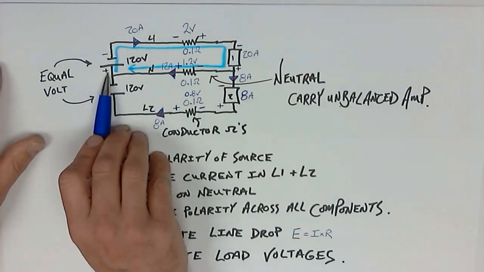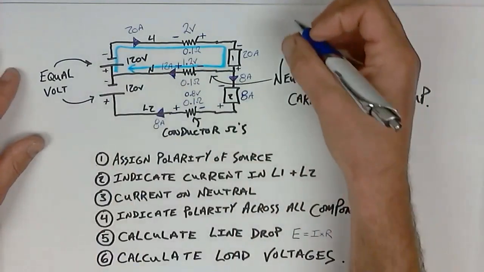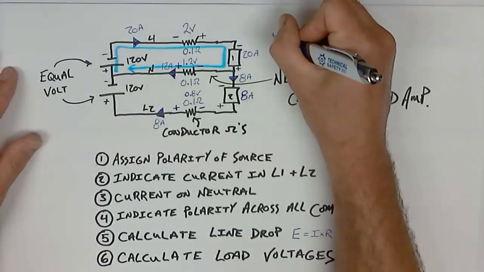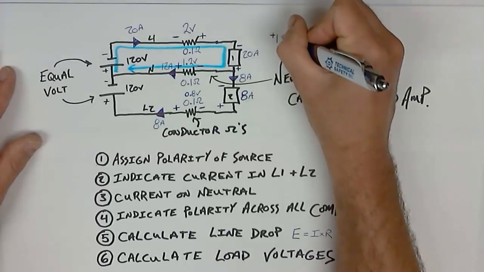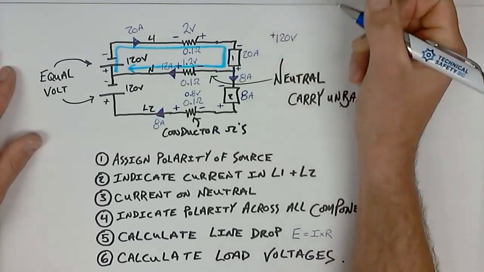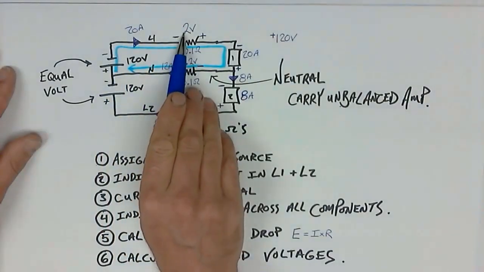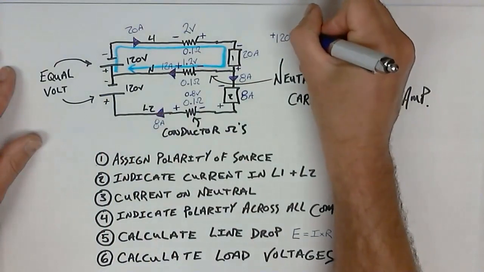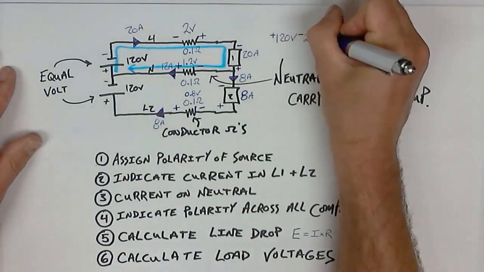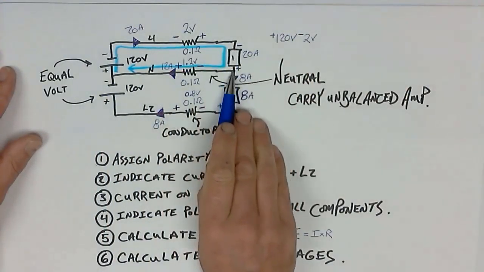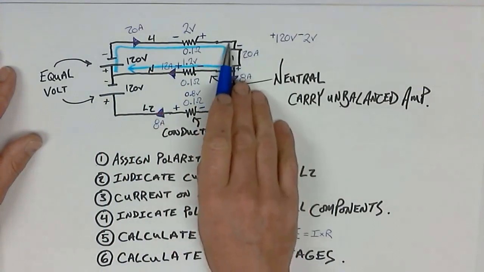So this is positive 120 volts. Plus 120 volts. I come along the top here, minus 2 volts. I come along the back here. This is what I'm attempting to calculate.